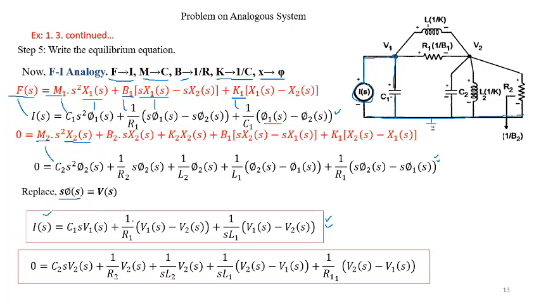Then we have the resistance. So resistance is common between V1 and V2, and the inductance is common between V1 and V2. So at another end we draw a V2, and both are in parallel. So here first we will draw the resistance.